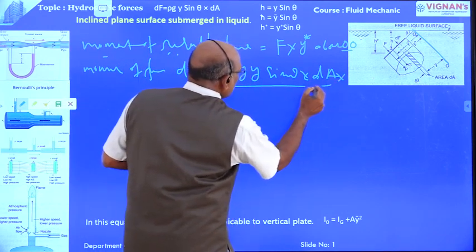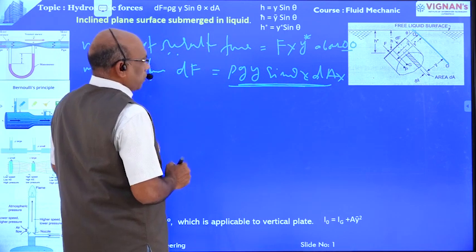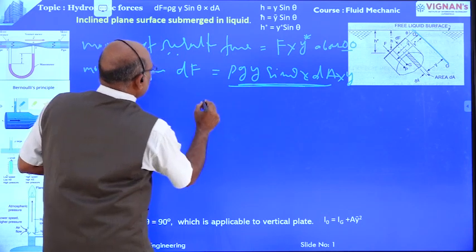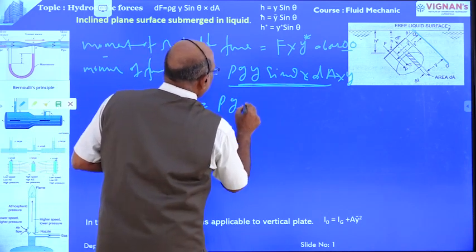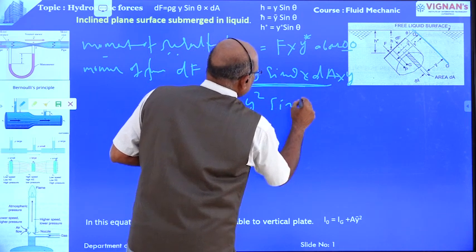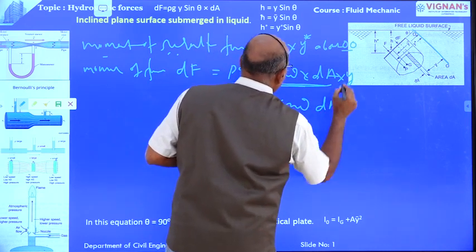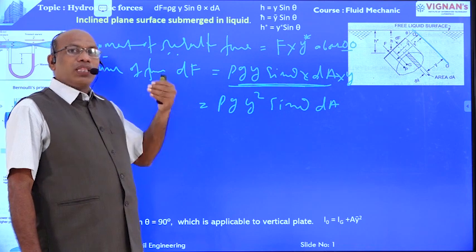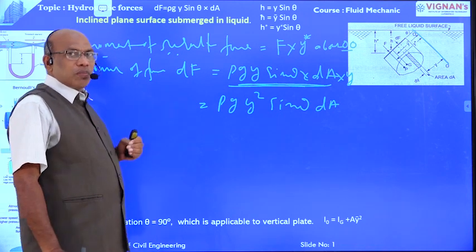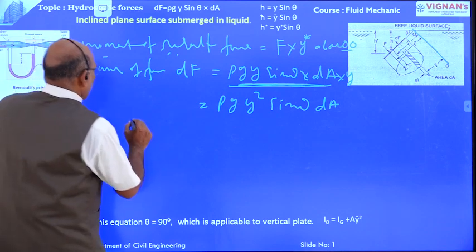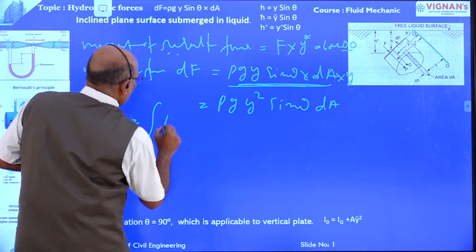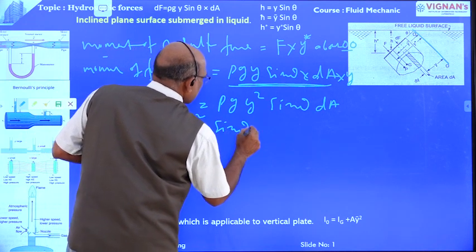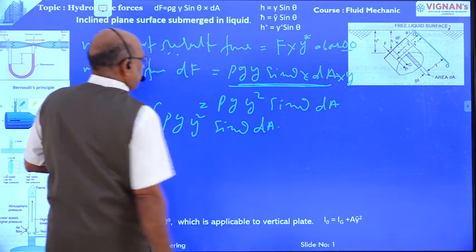This is the force dF. Moment means force into y. Therefore, the moment of force on the strip dF is equal to rho g y square sine theta into dA. Now, the sum of the moments of all these forces over the entire area is equal to the integral of rho g y square sine theta into dA.